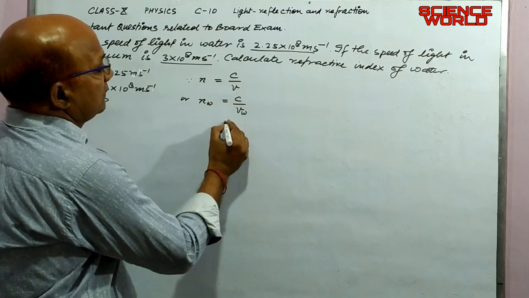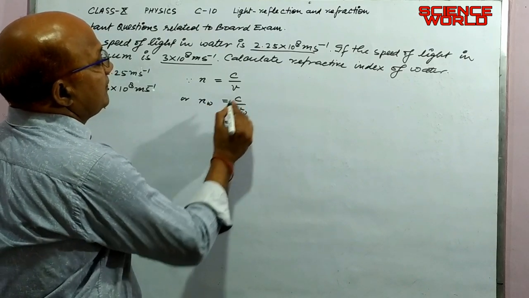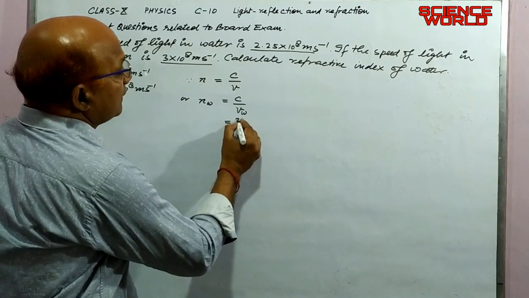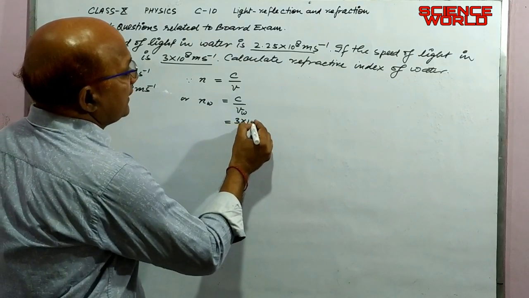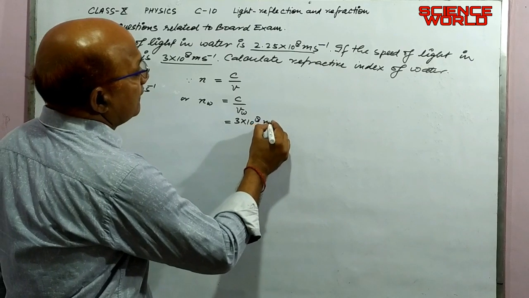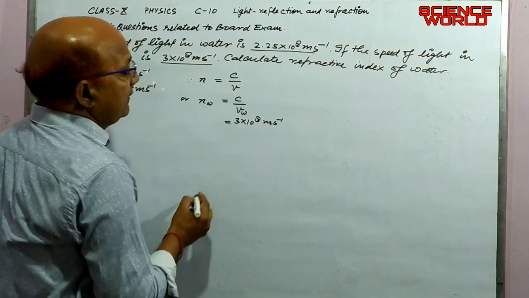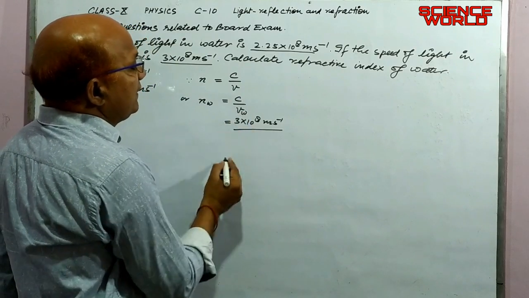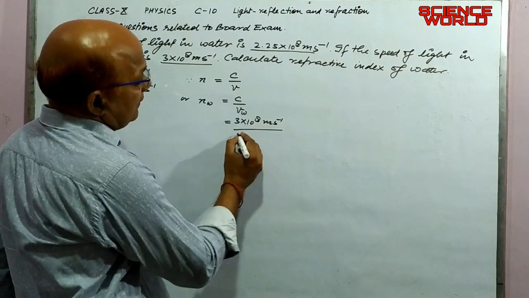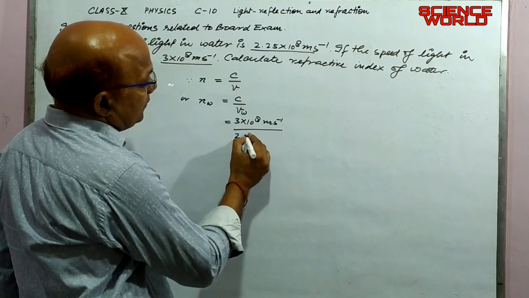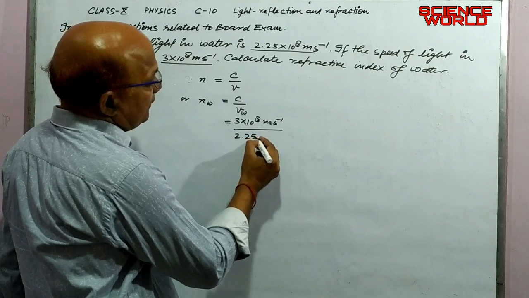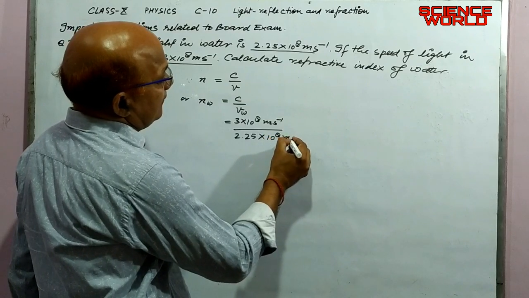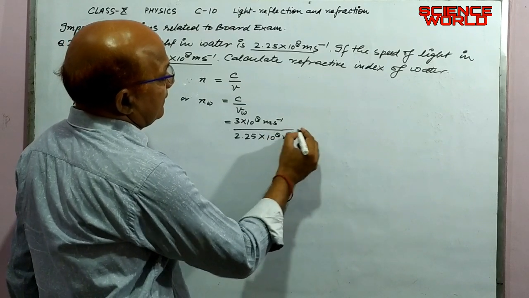So, c means speed of light in vacuum, it is 3 into 10 to the power 8 meter per second, and v_w means speed of light in water, it is 2.25 into 10 to the power 8 meter per second.